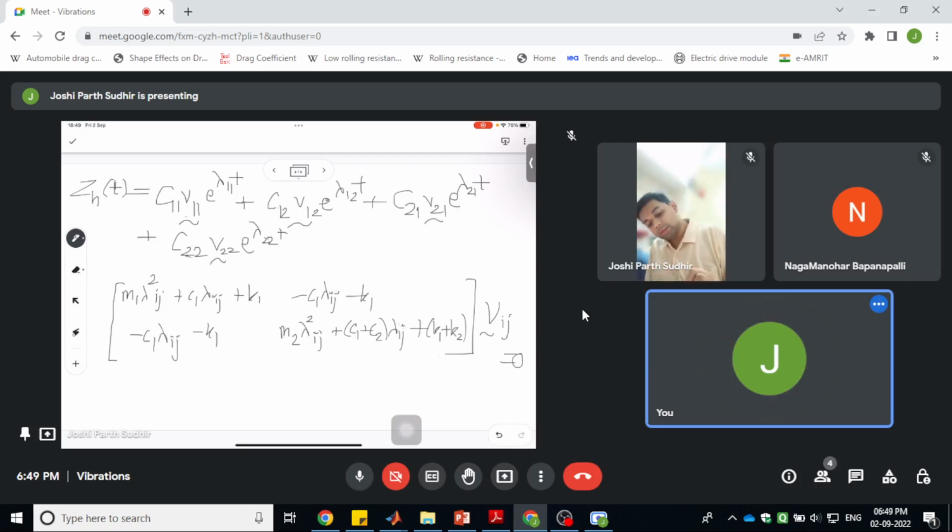So we can write Vij in this form, plus k1 divided by c1 lambda ij plus k1.